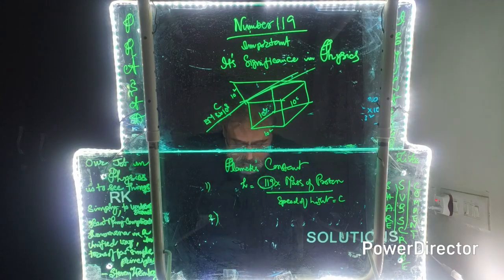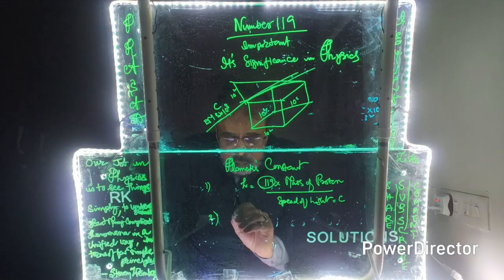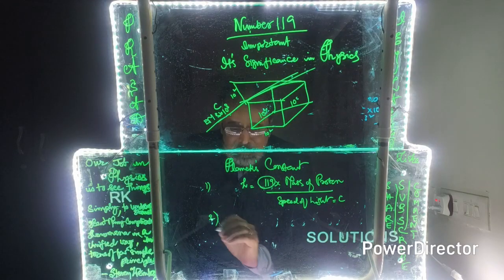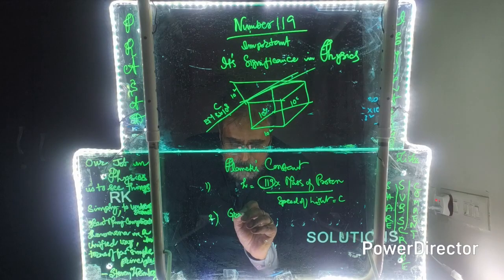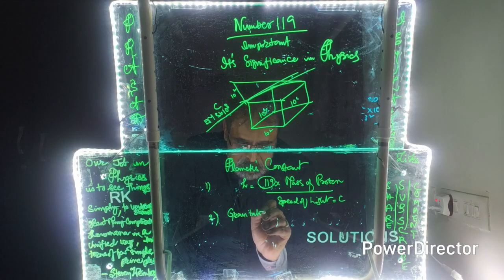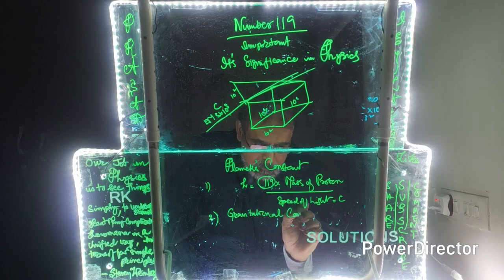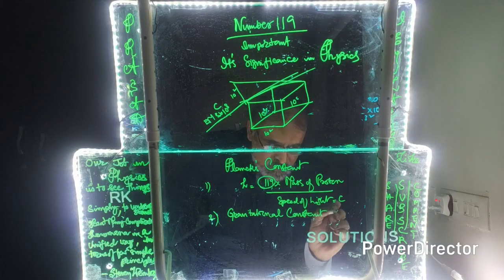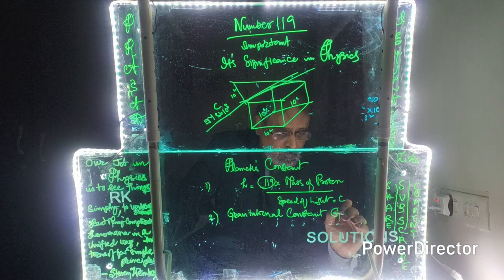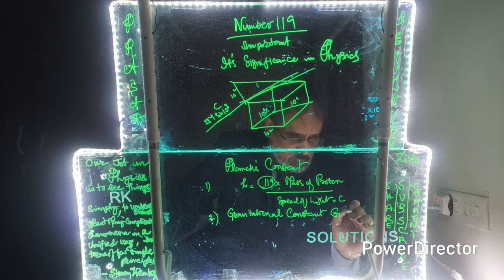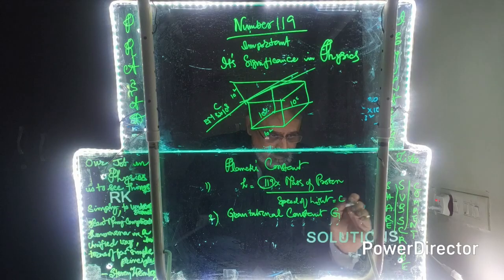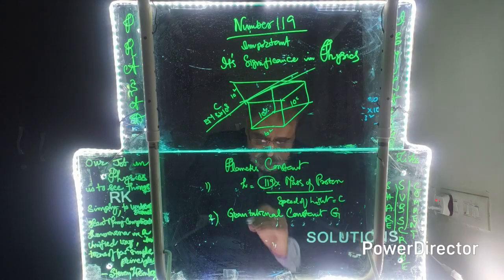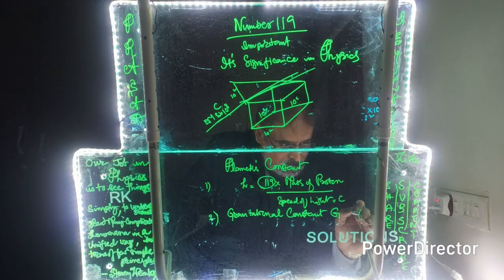The second time, I was trying to make the gravitational constant G look like Coulomb's law, I mean, look like epsilon naught.